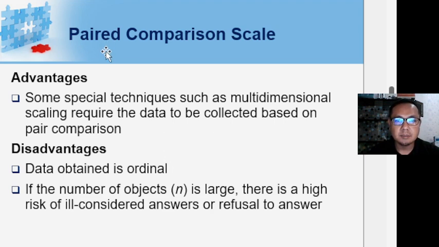Disadvantage for a paired comparison scale: the data obtained is ordinal, not ratio, not absolute. So if the number of objects is large, there is a high risk of ill-considered answers or refusal to answer.